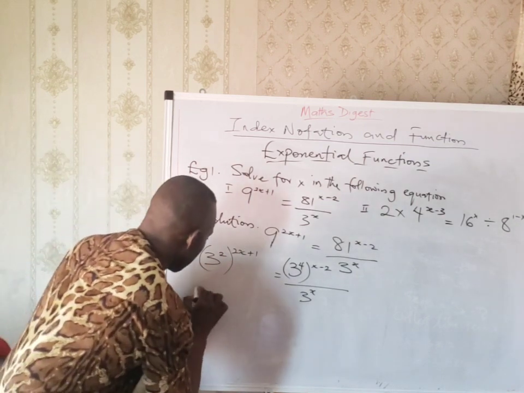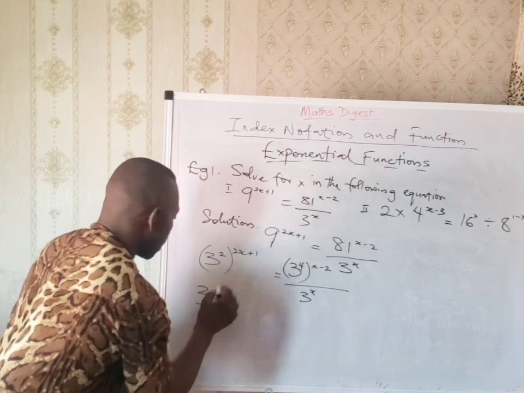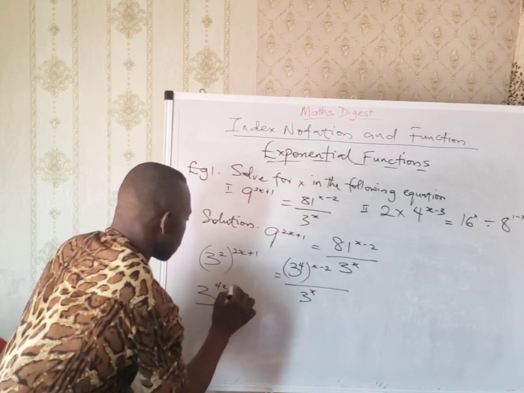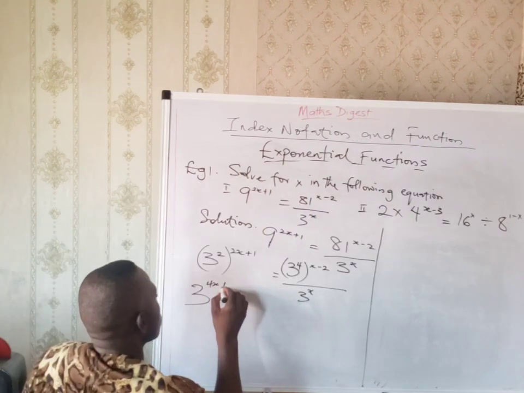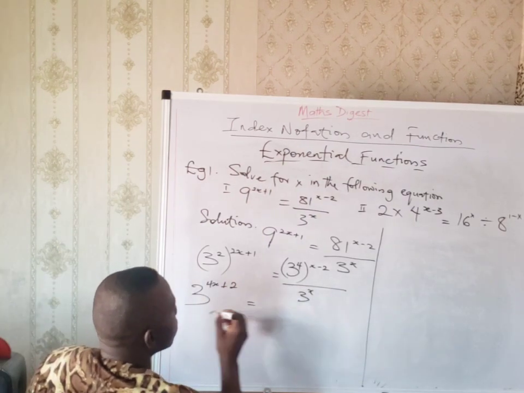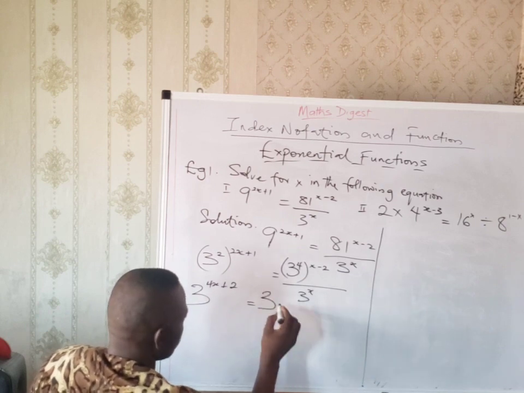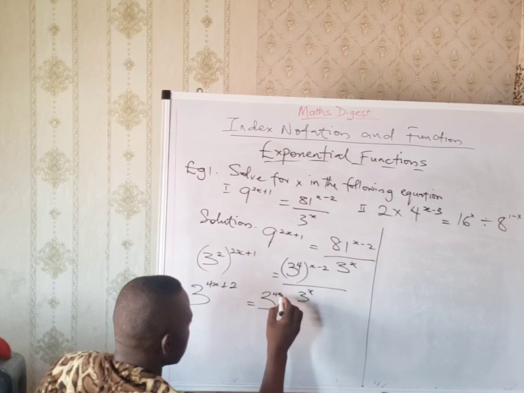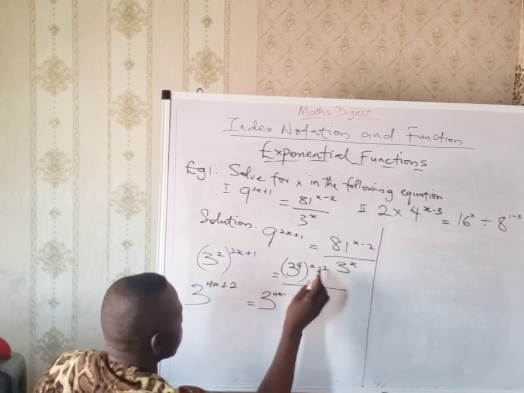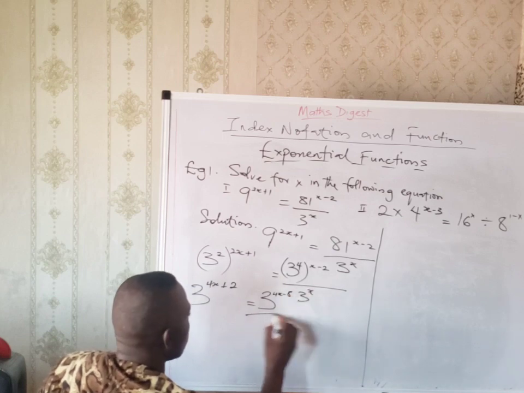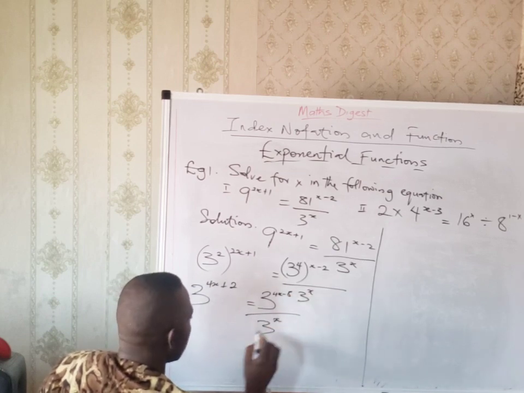We have 3 raised to power 2 times 2x is 4x, 2 times 1 is plus 2, so 4x plus 2, equal to 3 raised to power 4 times x is 4x, 4 times minus 2 is what? Minus 8, all over 3^x.